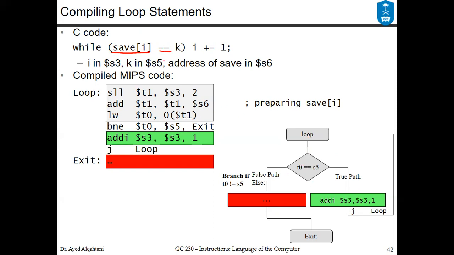They are equal here, so we must use branch not equal, between whatever is in T0 that we already calculated here and K. We know K is in S5. If they are not equal, you branch to exit, which is the false path.